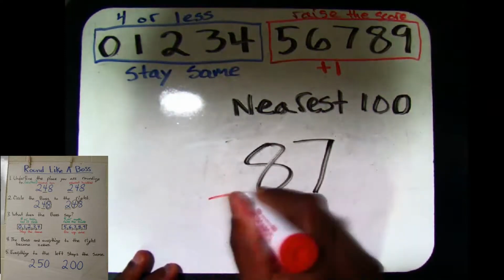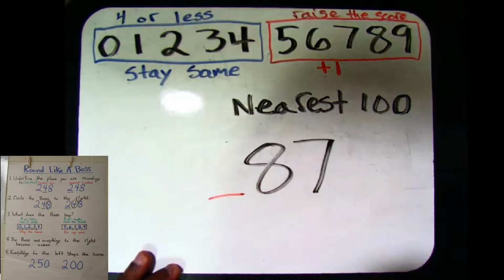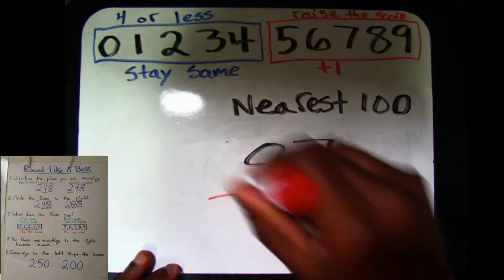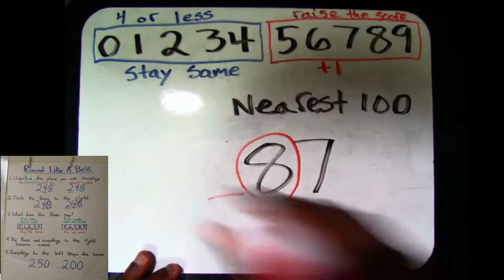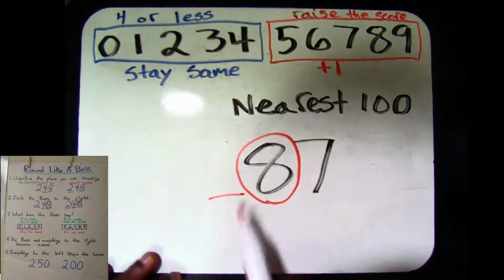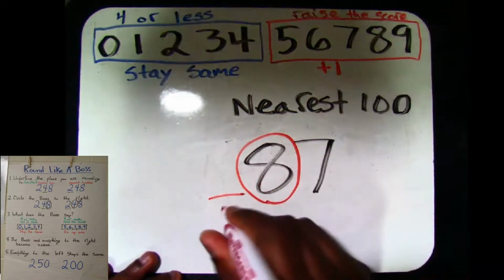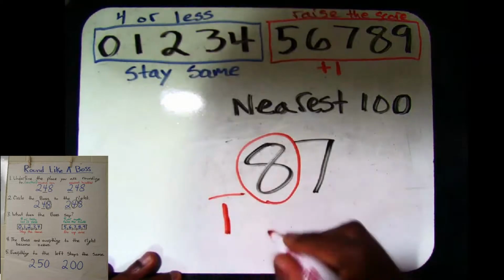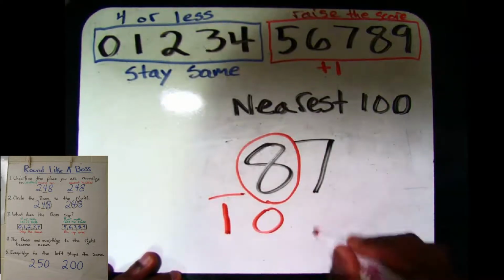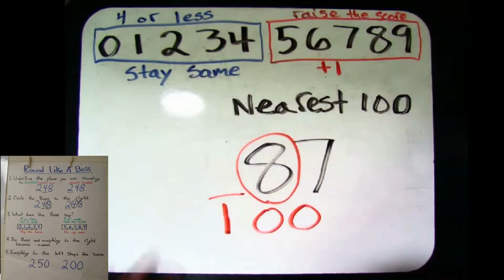It is nothing, a 0. But the digit to the right is an 8, and the 8 is going to be the boss of that 0. And it's going to tell that 0 to go up 1. And then our 8 is going to become a 0, and our 7 is going to become a 0. So 87 is going to round to 100. So it's only 13 away from 100.